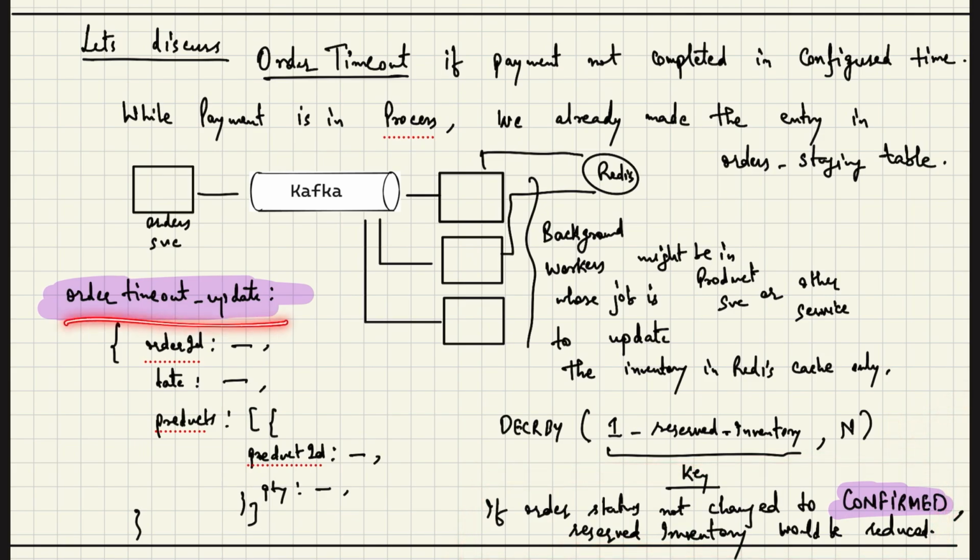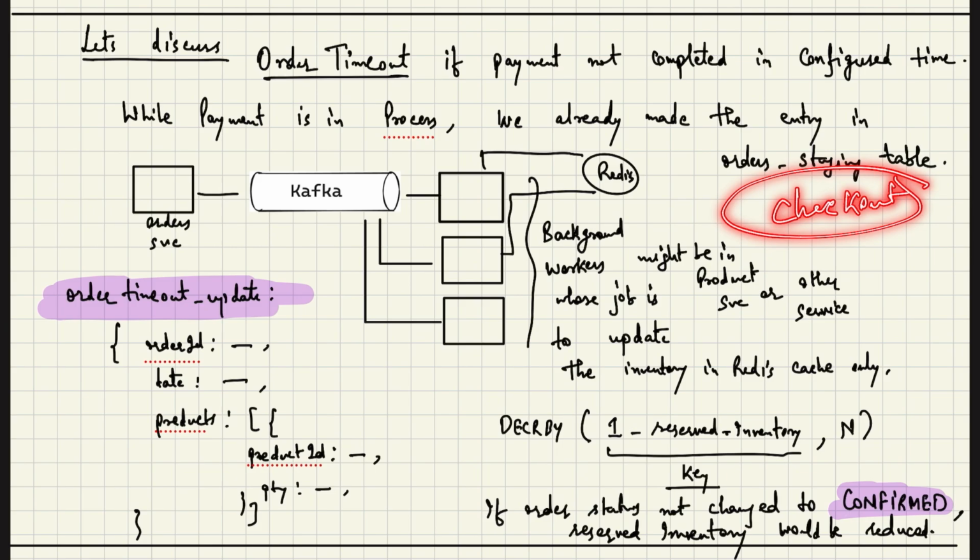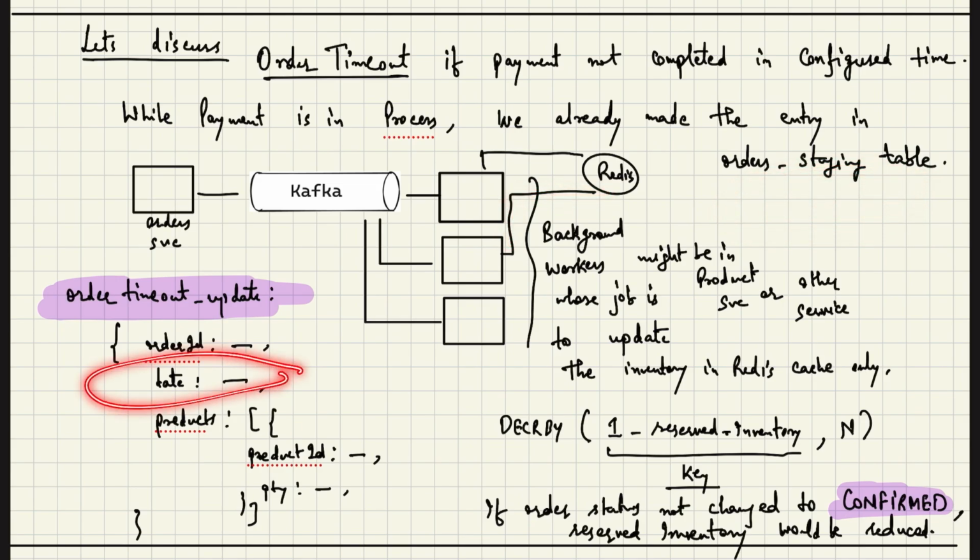The order timeout update message would be sent as and when the order's entry is created in the order staging table. When the user clicks the checkout button, this entry is created and this message is also sent. The background workers would check the time against the configured payment timeout.